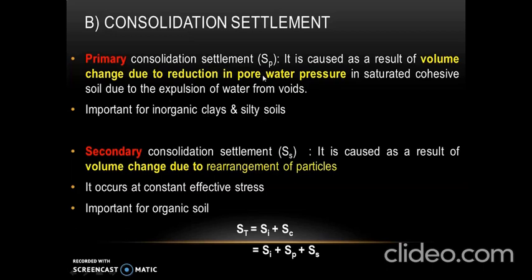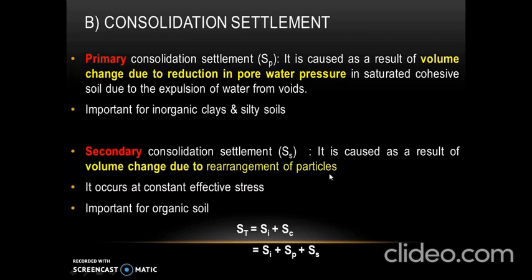And after reduction of air and water, we find secondary consolidation settlement, which is denoted by SS. And it is due to volume change which results by the rearrangement of the soil particles. Once the air is removed from the voids, later water is removed, and after air and water have been removed from the voids, the soil particles will try to rearrange themselves, and this occurs at effective stress.